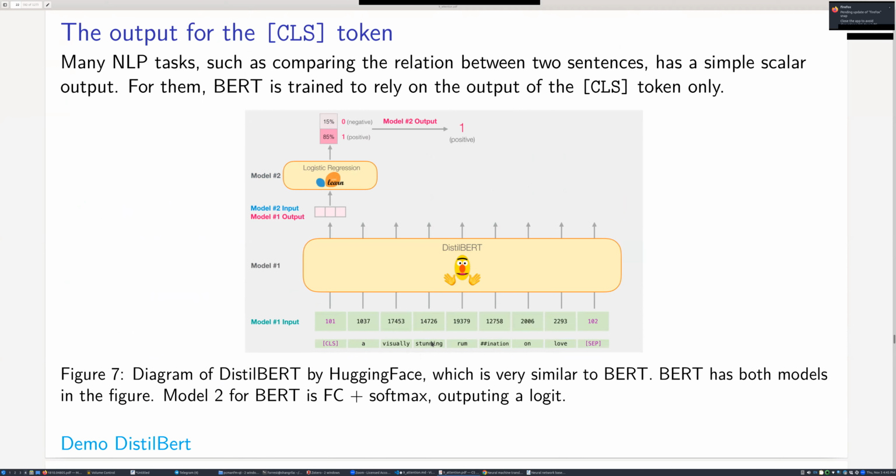And then when I want to do the prediction, I use the output on this masked token to do a prediction. And I want the prediction to say the word should be stunning. If it's not stunning, okay, no problem. I can use backpropagation to update the attention. Does that make sense to you?